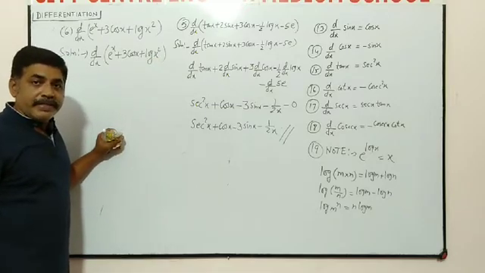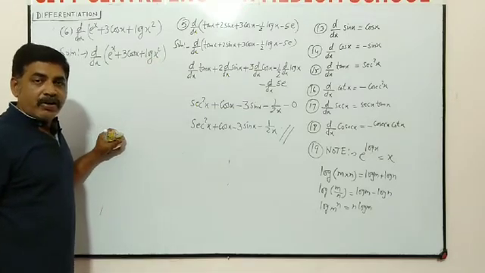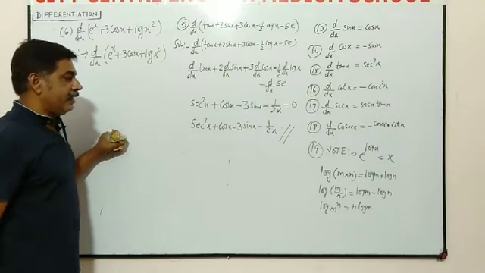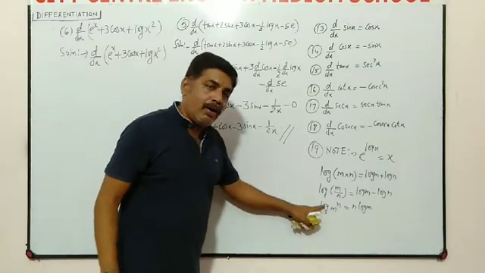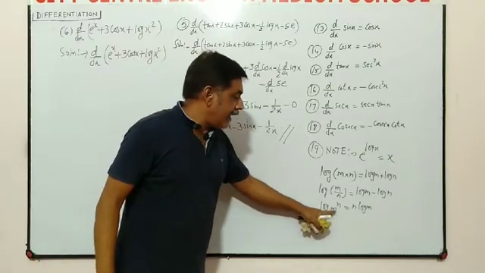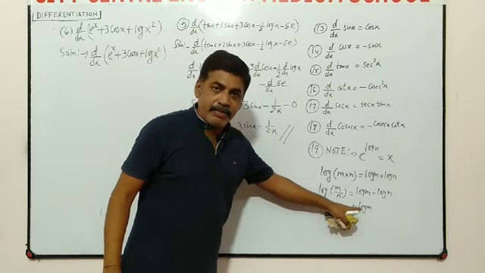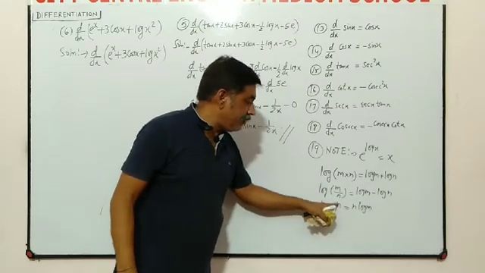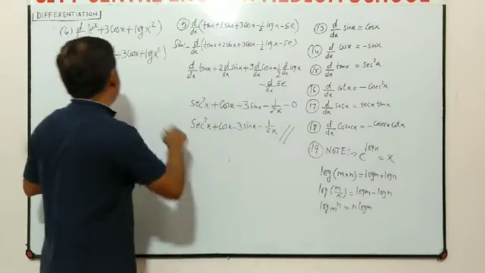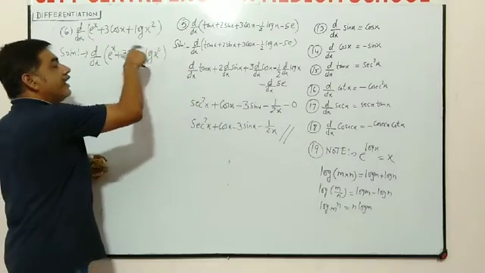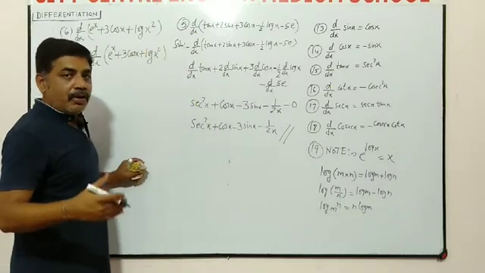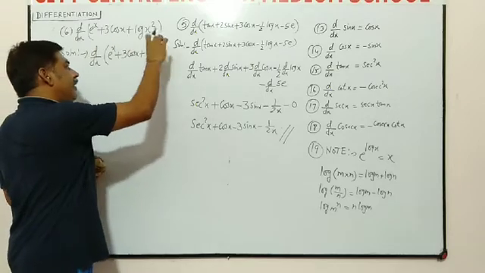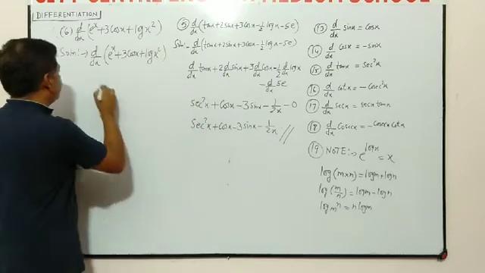We know the differentiation of only log x, not log x square. But we can apply the law of log. Log m raised to n is equal to n log m. That means, where does this power go? In front. So log x square we will write in the next step as 2 log x. And then we differentiate all 3 terms.